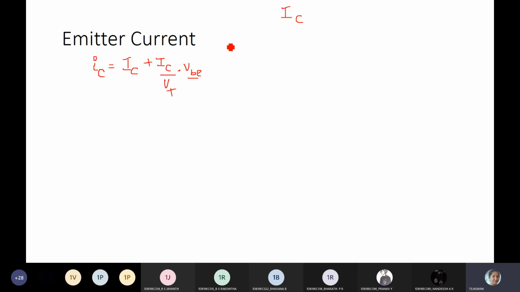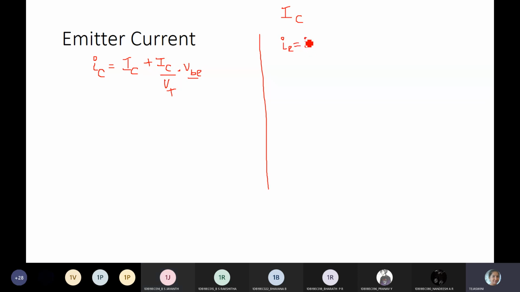Now, as you all know, what is the expression for emitter current in terms of alpha and IC? IE is equal to IC by alpha, ma'am.